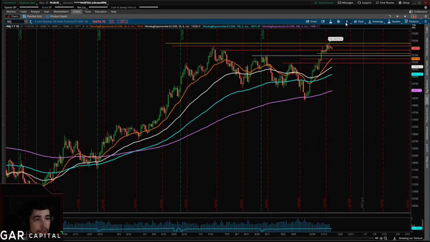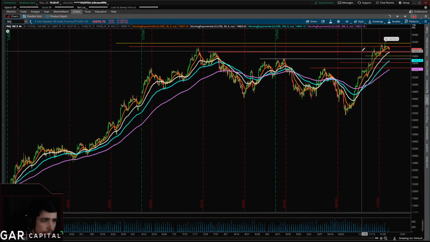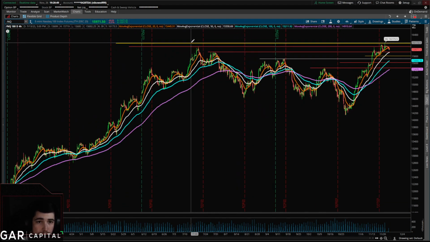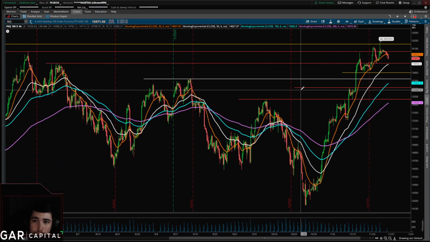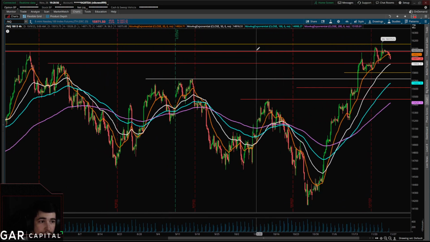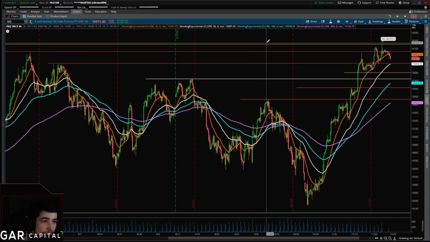So let's break this down to the 4 hour. Let's see what's going on in between. Okay, so it does look messy. Let me see if I can clean it up a bit. I want to keep this level, and at the same time, I do want to keep the all-time high. So let's think a little right now.